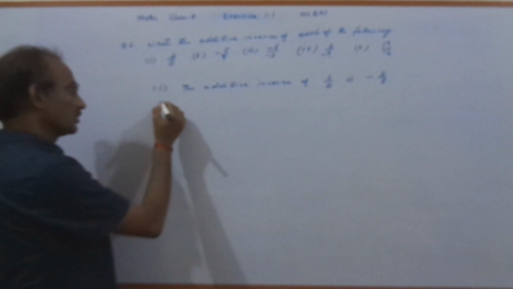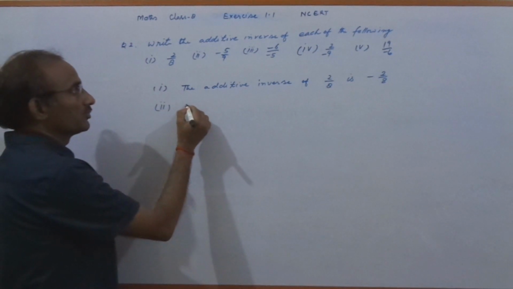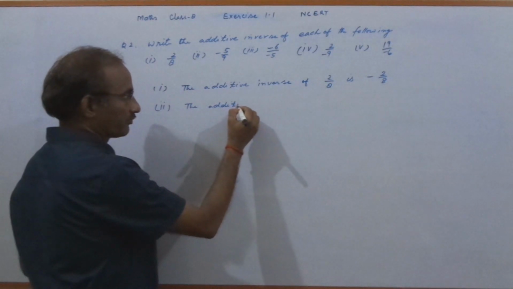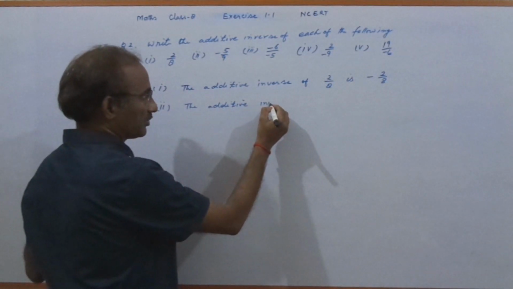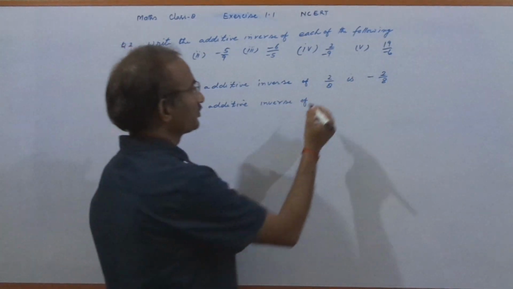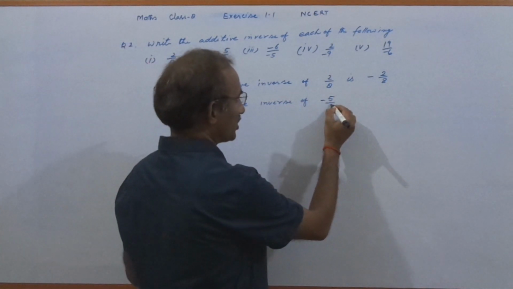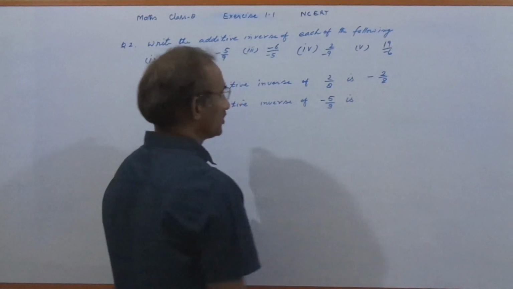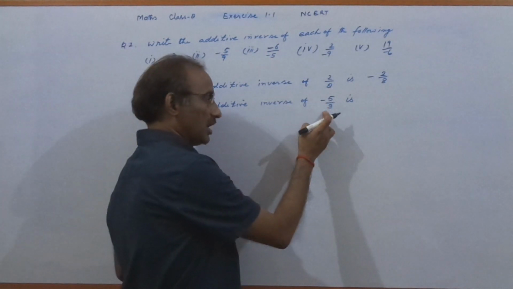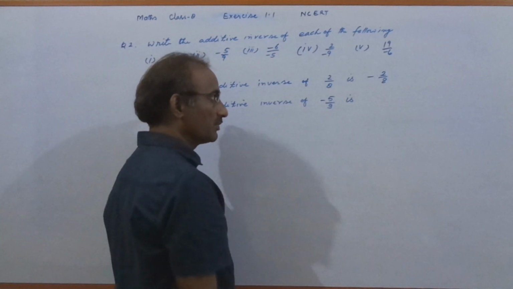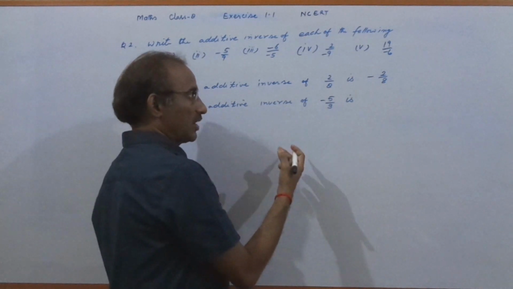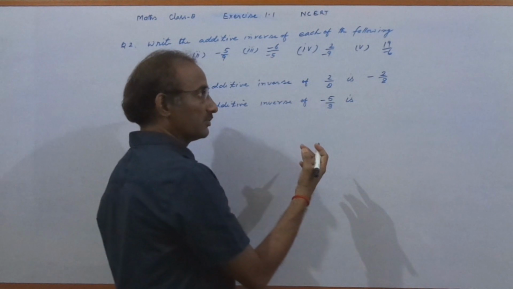Now come to the next part. The additive inverse of minus 5 upon 9 is, minus 5 upon 9 is a negative rational number, and the negative of minus 5 upon 9 will be positive.